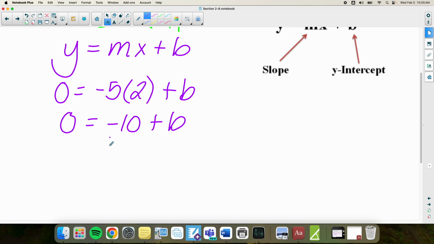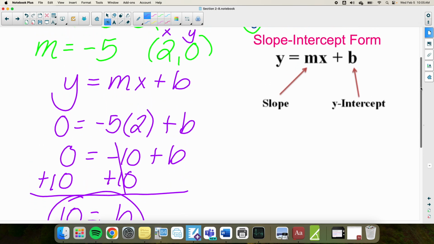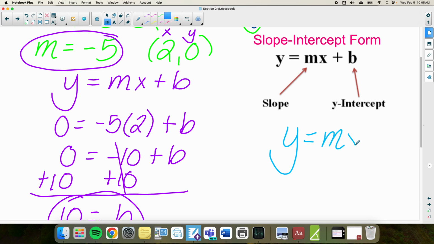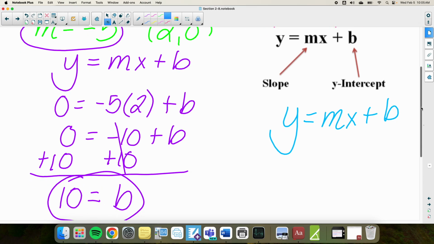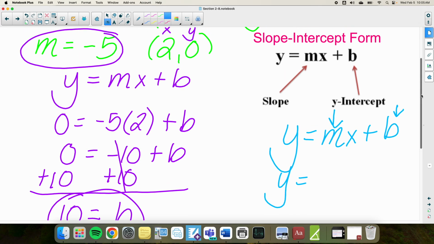And then I'm going to bring that 10 over by adding it. So b is 10. Now, we're not quite done, because now we have our b and we have our m, and we have to substitute those back in to this. And when you do that, you substitute in your m and your b. So you're gonna go y equals, my m is up there, it's negative 5x, and my b is here, it's plus 10.